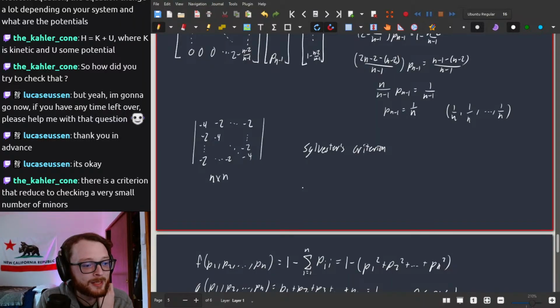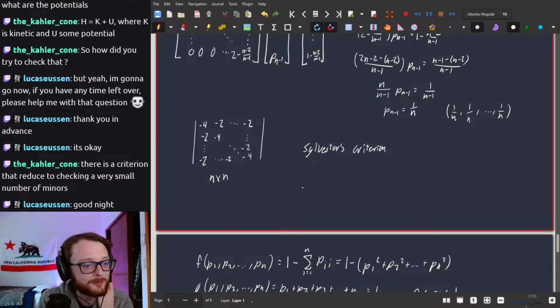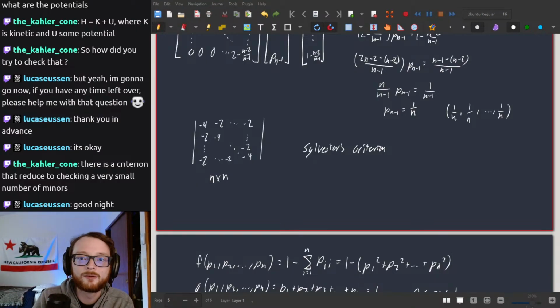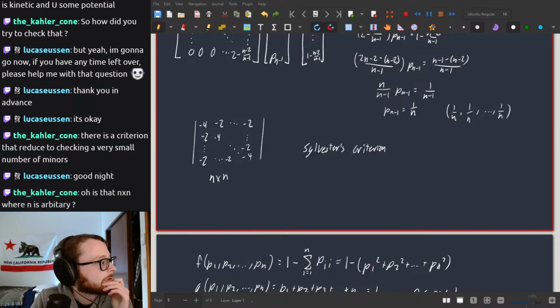There's a criterion that reduces to checking a very small matrix. So for Sylvester's criterion, yeah, n is arbitrary.